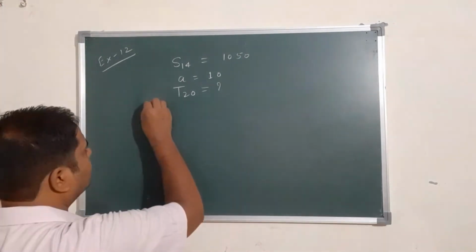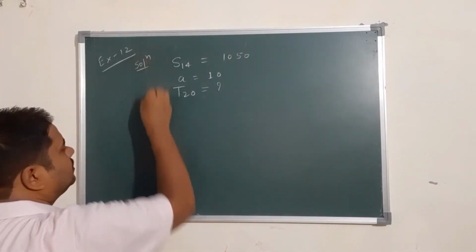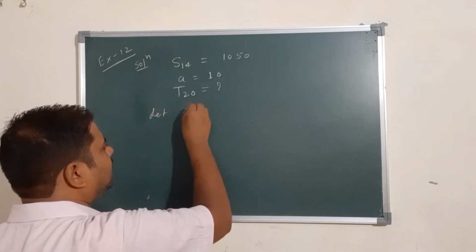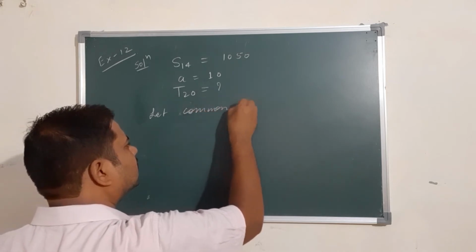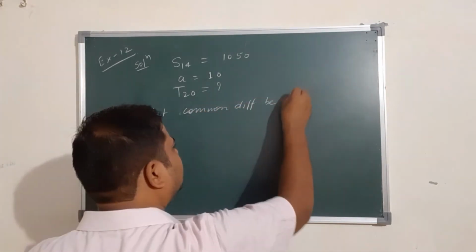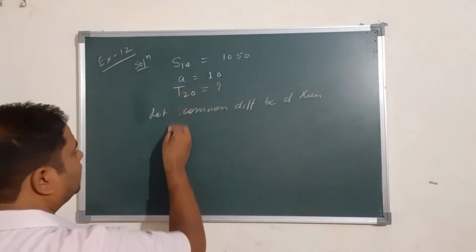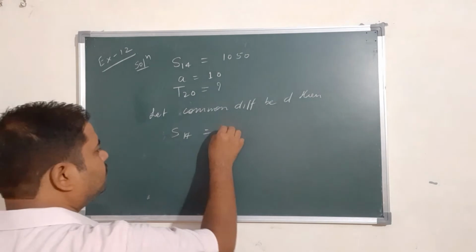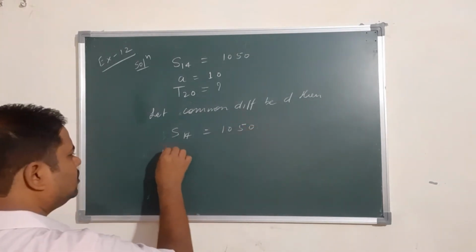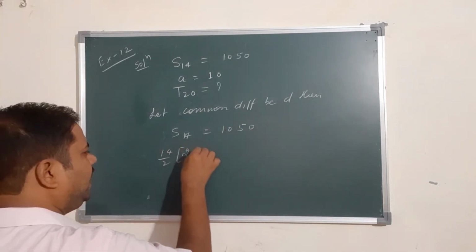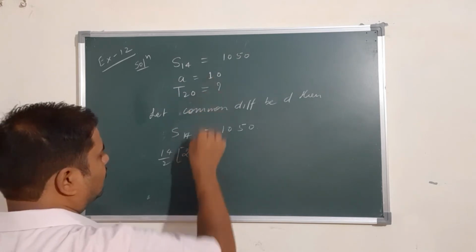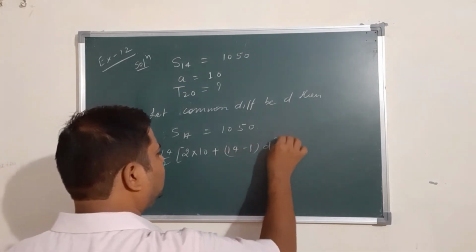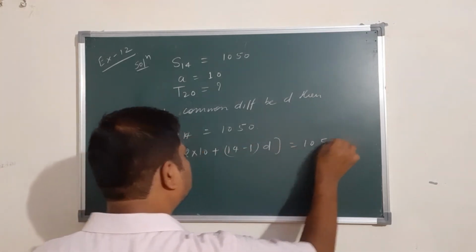So let the first term be A and the common difference be D. Then S14 is equal to 1050. This is 14 by 2, 2 into 10, plus 14 minus 1 into D, is equal to 1050.